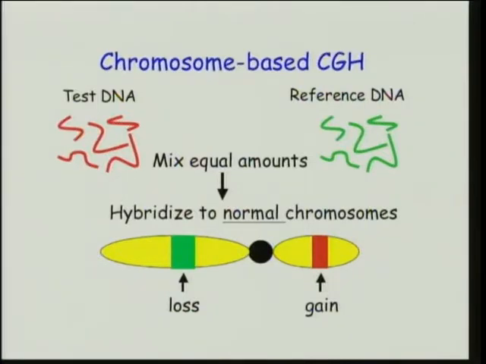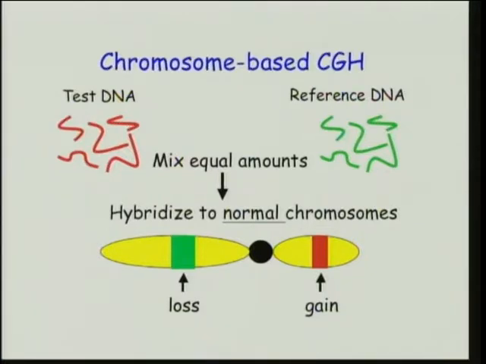With this, you have a test DNA, and this usually consists of, it can either be a tumor or it could be DNA from a patient who has mental retardation and congenital anomalies. And you have a reference DNA, which is typically a normal DNA sample. And you label your test DNA in one color and your reference DNA in another color.